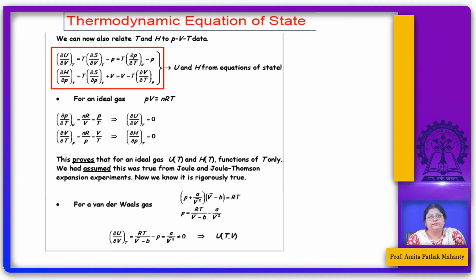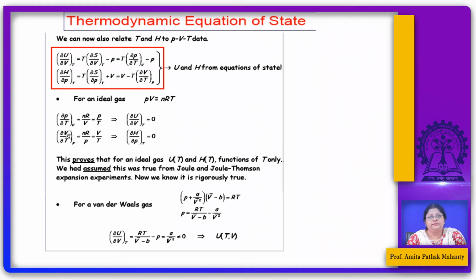Similarly, when you take the other equation, the enthalpy change with pressure at constant temperature equal to zero. What will you do? Write it in terms of enthalpy with respect to pressure at constant temperature plus V, which can be further simplified if I replace this with the Maxwell's relation, in terms of the volume change with temperature at constant pressure.